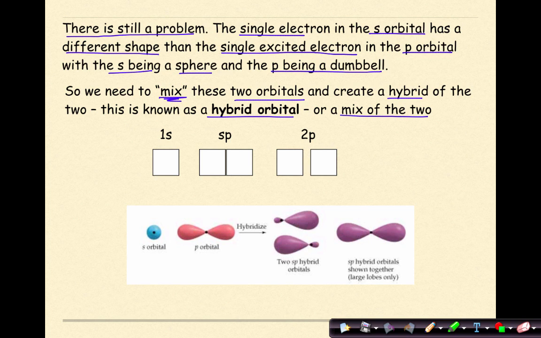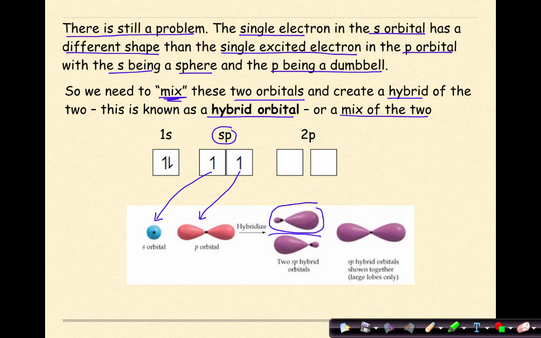So our orbital diagram would look like this: 1s2, and then s and p. We are basically mixing these two together. This one electron represents this s orbital, this one electron represents this p orbital, and as we mix them together, we form these hybridized orbitals.